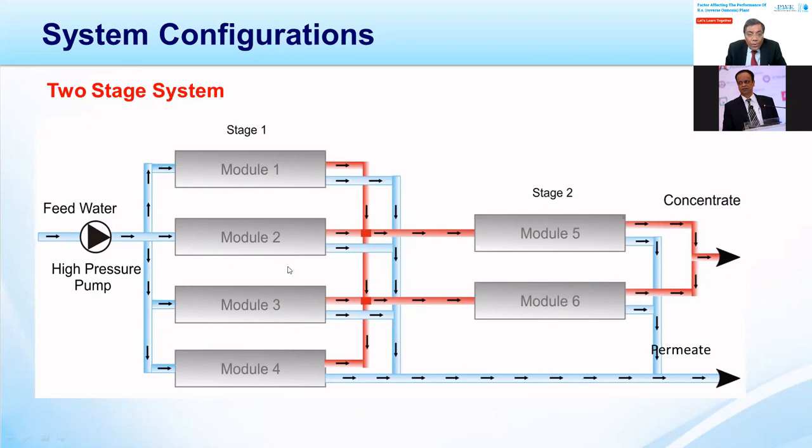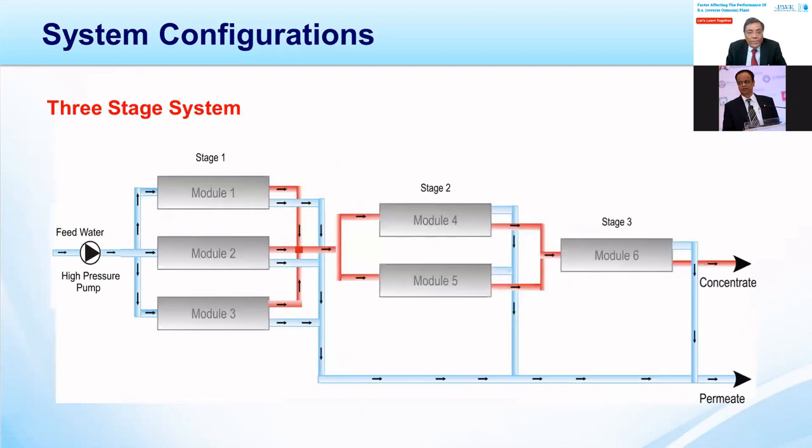Similarly, the product water from the first and second stages is collected and combined for storage. And this is a three-stage system. It's the same principle: the reject of the first stage and second stage moves to the subsequent stages.